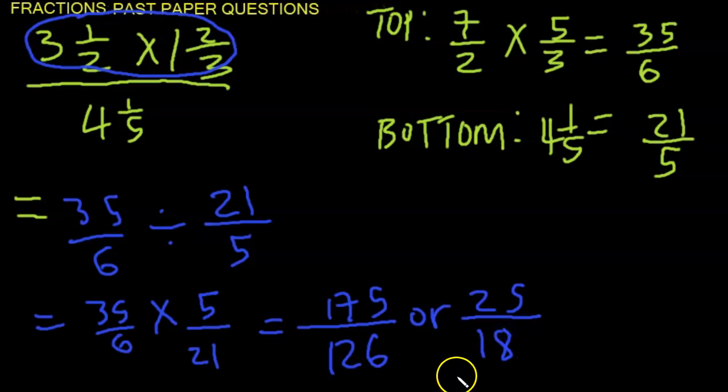Alright, so 25 over 18 is the simplest form. Or if you wish to convert it to a mixed fraction, 25 divided by 18 is 1 with a remainder of 7. So 25 over 18 is 1 and 7 over 18. That's our answer.